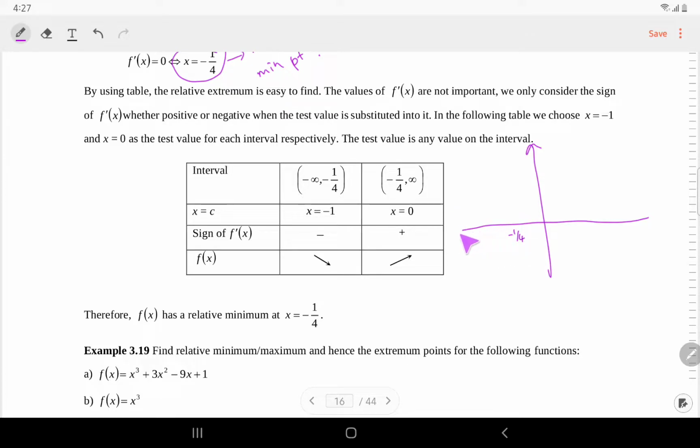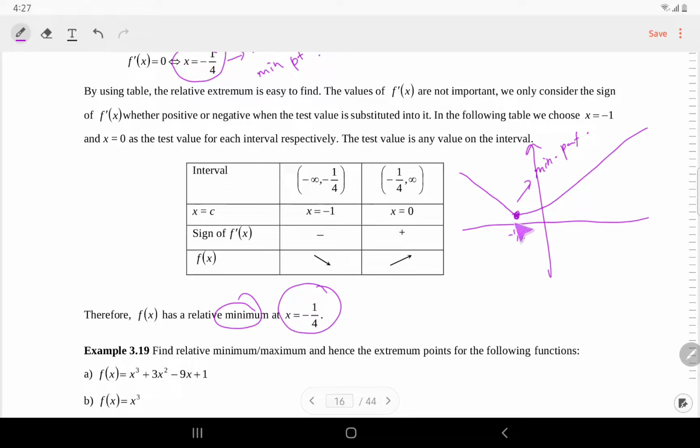Okay, daripada negative infinity hingga negative 1 over 4 it is decreasing, and then negative 1 over 4 until infinity it is increasing. So point kat sini kita panggil dia minimum point. Okay, so maksudnya x has the relative minimum ataupun minimum point at x equal to negative 1 over 4.